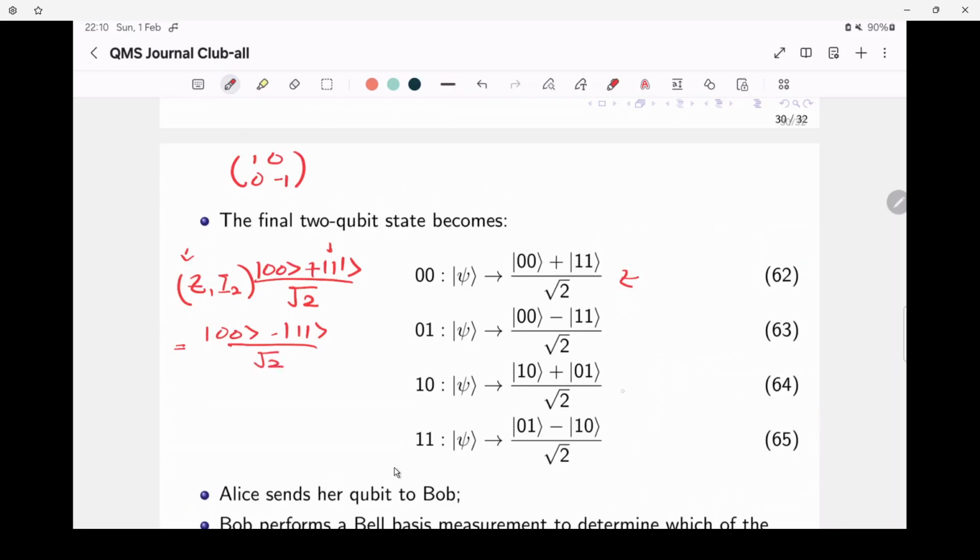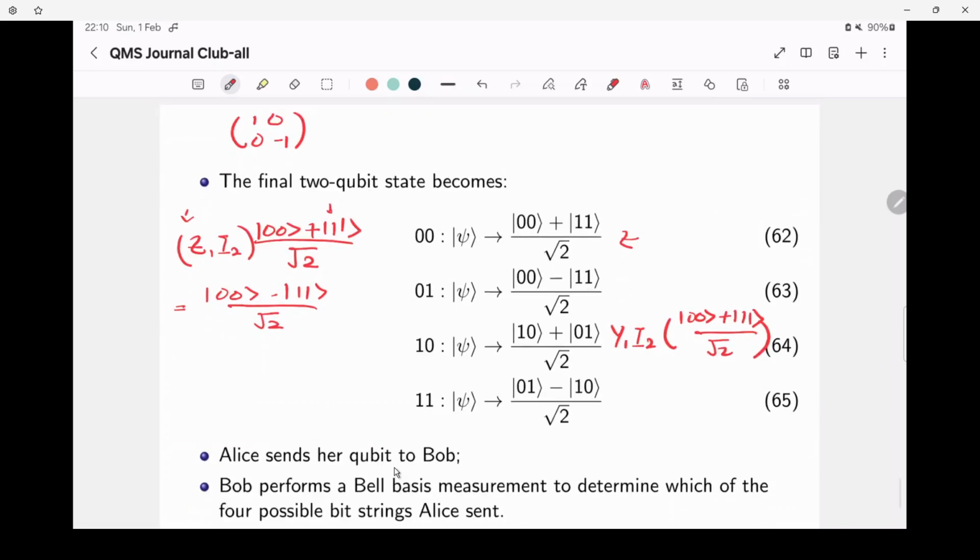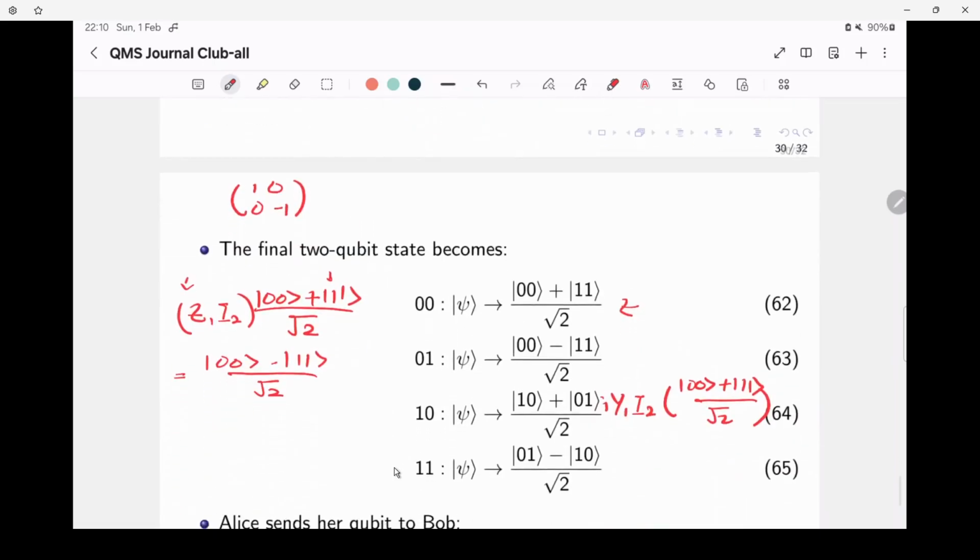And you can try applying Y tensor identity to the original Bell state. And here, sorry, this is the next one.